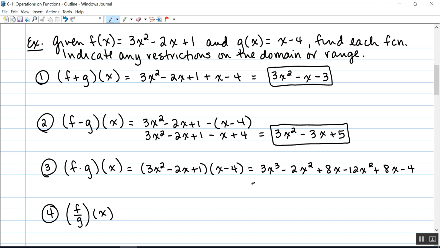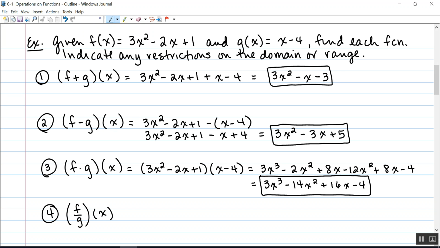And now combining like terms gives me 3x³ − 14x² + 9x − 4. And that's f(x) times g(x).